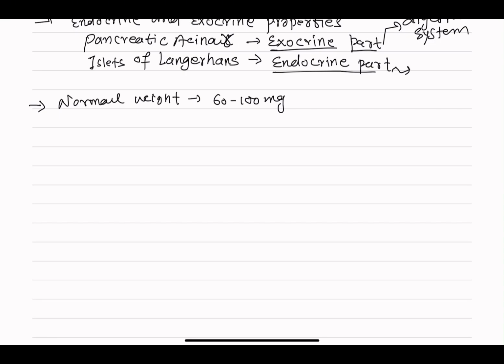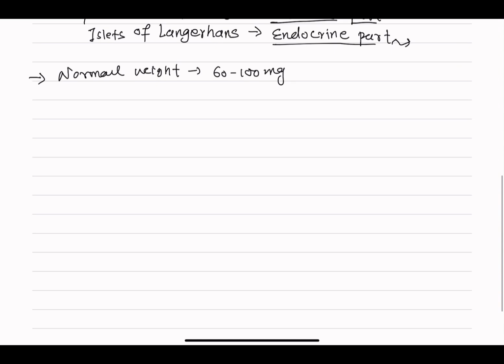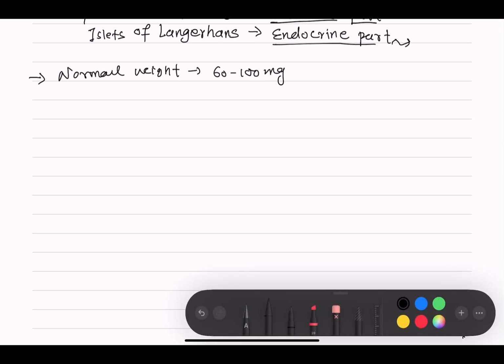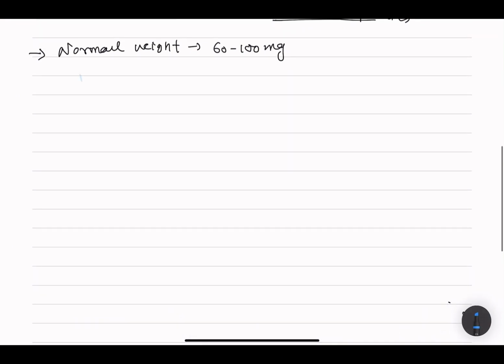So now we have to know where the location of the pancreas is. Our next topic will be location. So what is the location of the pancreas according to the GIT.